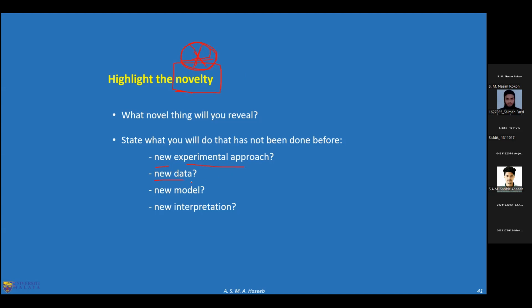It could be new data. It could be a new model that you have described, or even a new interpretation, which was not found in the literature before. So you develop this new interpretation. So these are the things that you have to write very clearly in the introduction, particularly towards the end, after you have given the general background and the specific topics.